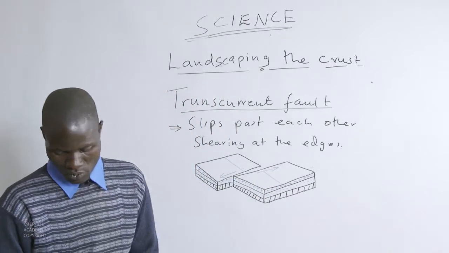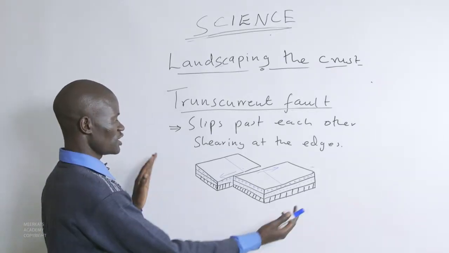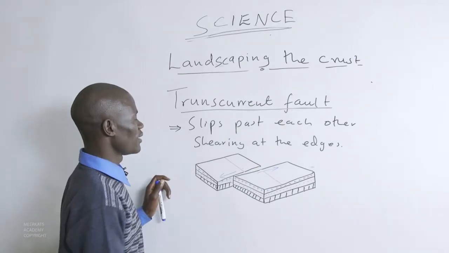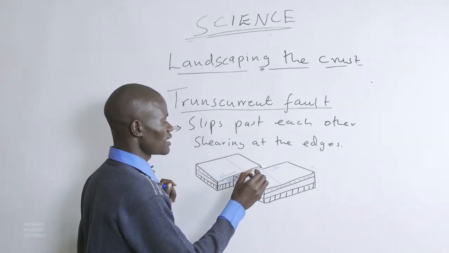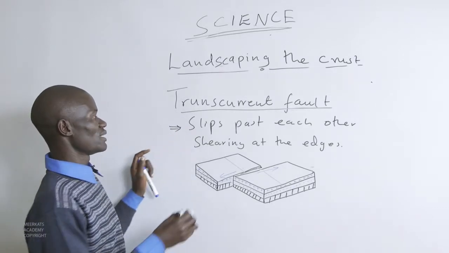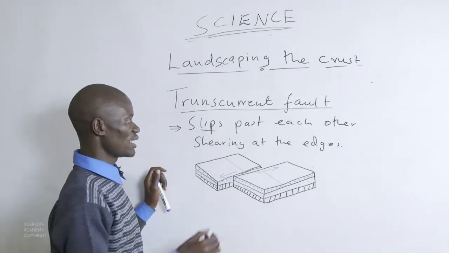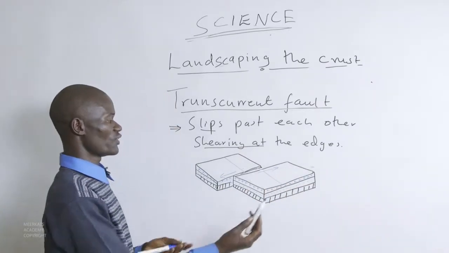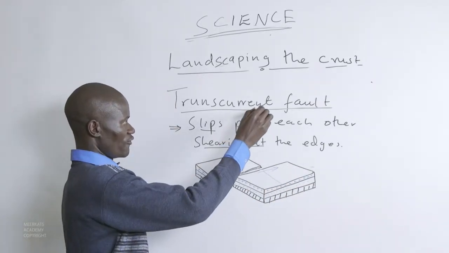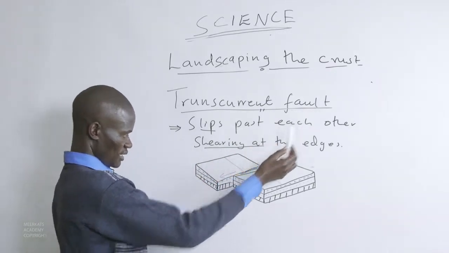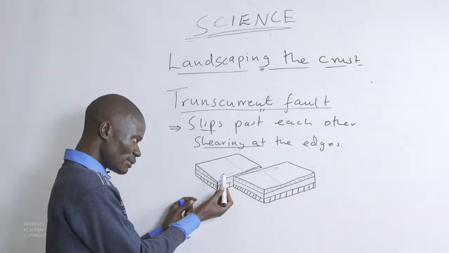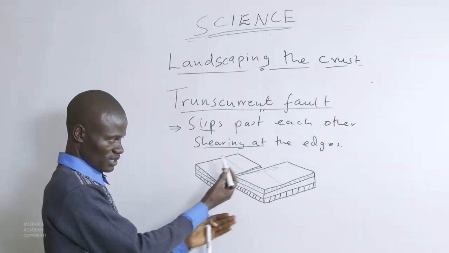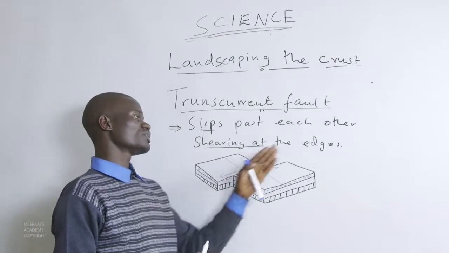When you look at the shape, these two shapes represent the two blocks of land, and when these two blocks of land are brought together, they slip past each other, and therefore produce a shearing at the edges of each block, forming what you call a transcurrent fault, where one block slips past the other in the opposite direction while the other moves in the other direction.